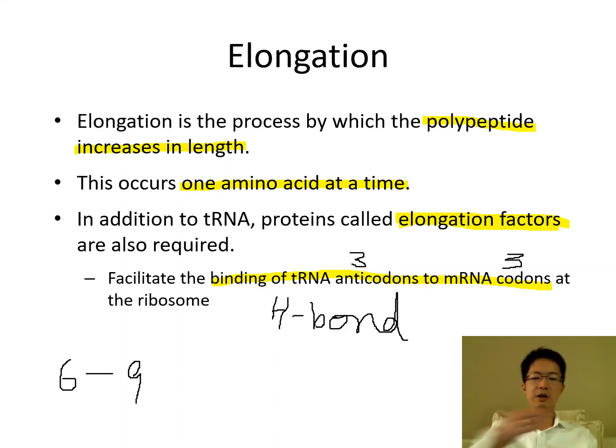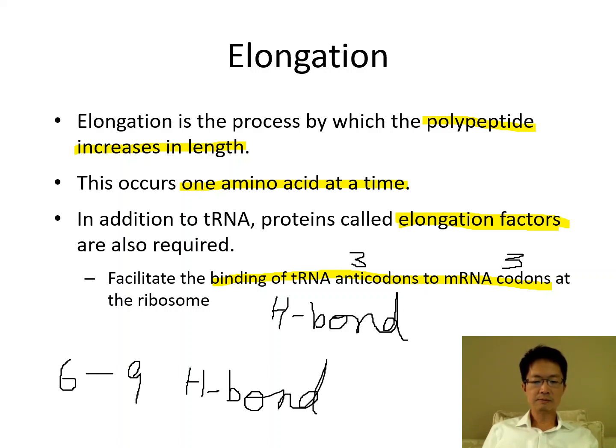Okay, when the anticodon binds to the codon on the messenger RNA, you have 6 to 9 hydrogen bonds in between them. Because of that, it is not very stable, and that's why they need something called elongation factor to help the anticodon bind to the codon.